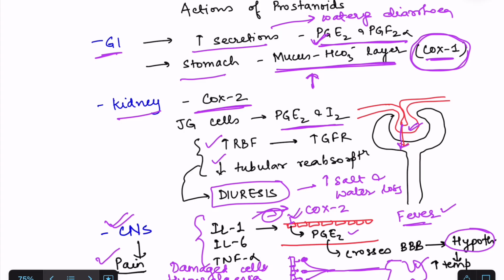Now, if we use NSAIDs chronically, this COX1 will be blocked and hence there will be decrease in production of this protective prostaglandin E2. So, this mucous bicarbonate layer will decrease and hence the stomach will become prone to damage. In fact, chronic use of NSAIDs will lead to gastric ulcers. Okay. So, to prevent that, we can use these analogues, PGE1 analogues, that is the misoprostol.